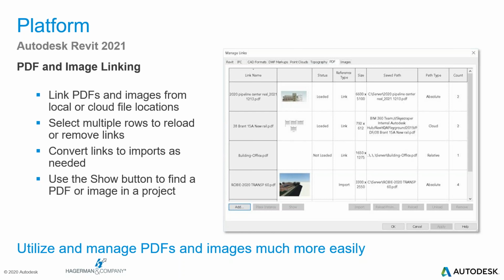This feature improves sorting, adds size reporting, adds multi-select for unload, reload, remove operations, adds the ability to convert links to imports, and adds the show button to find a PDF or image in the model. Go ahead and utilize and manage images and PDFs much more easily inside of Revit 2021 with the new linking features.